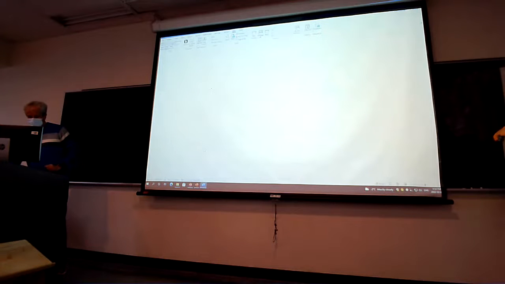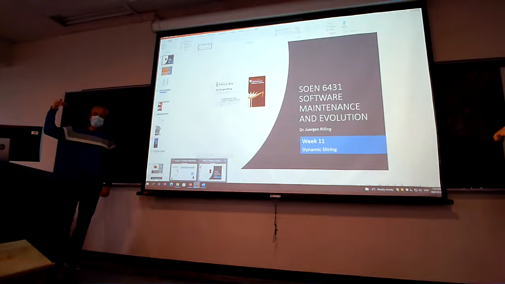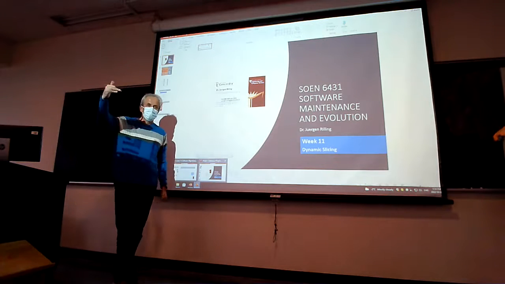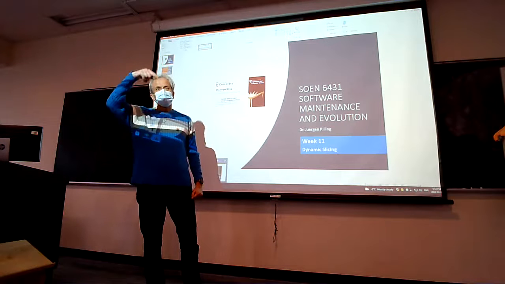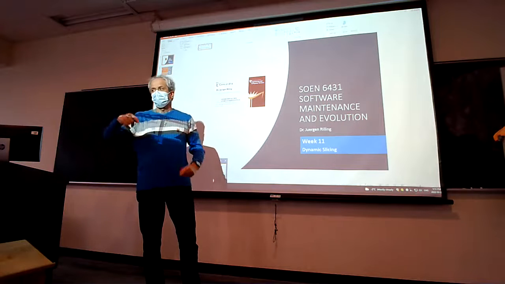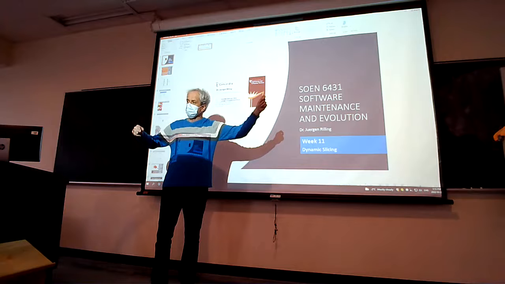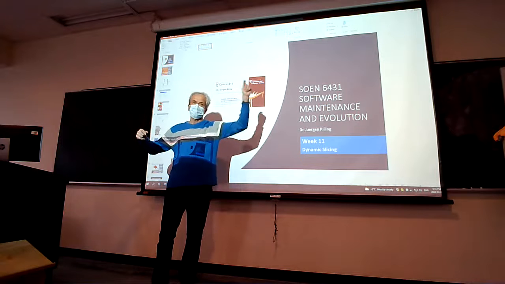Good. Let's go back. But really, the main idea is once we have the trace, we just traverse backwards, always looking for the last data dependency and the last control dependency.